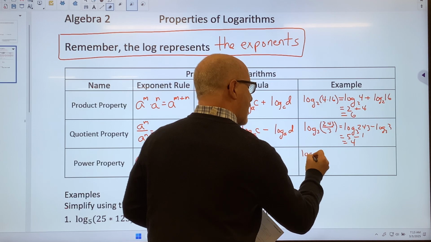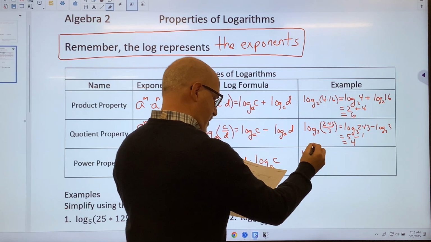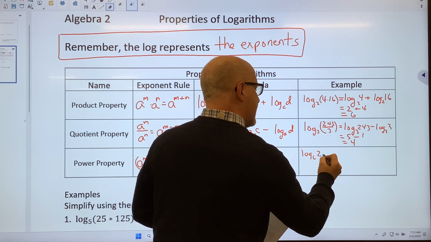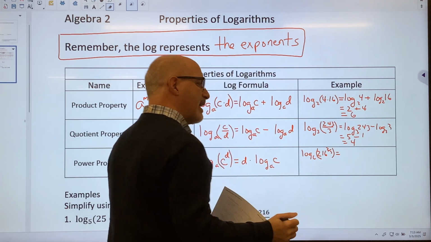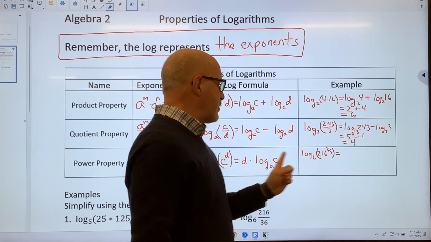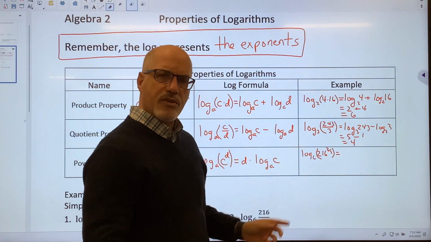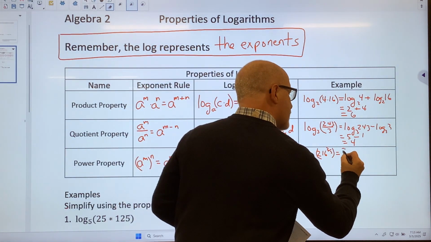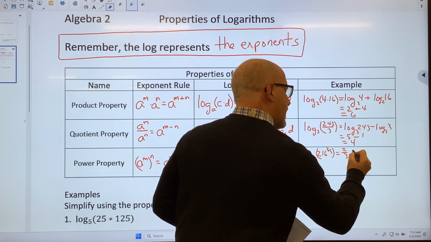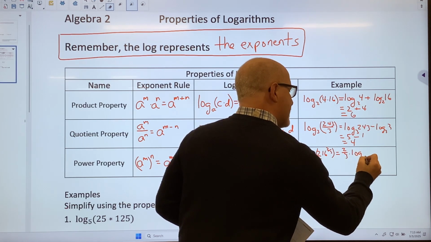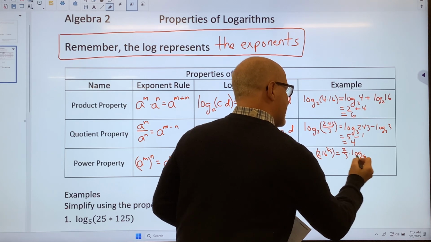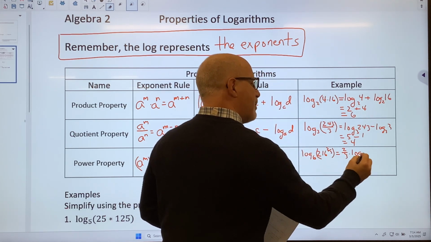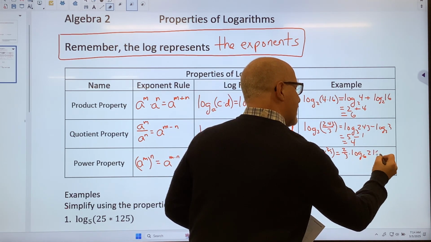Now let's do an example here. Let's say I've got log base 6 of 216 to the 2/3 power. Let's see what that equals. Well, first of all, this rule tells us we can bring that 2/3 in front. So take 2/3 times the log base 6 of 216.